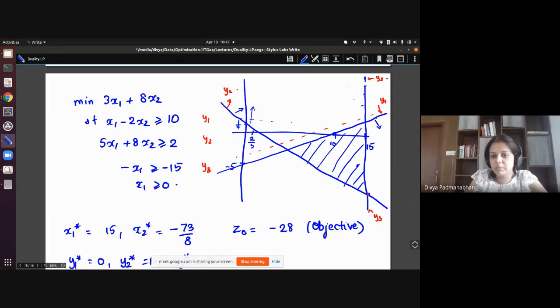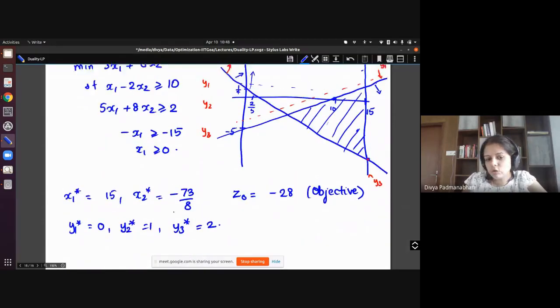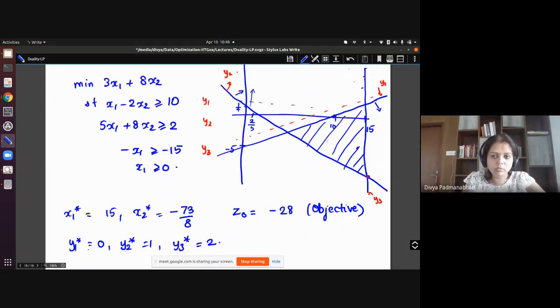So to minimize it, you have to go in this downward direction. So even if you change this constraint, the optimum is still going to remain as this point. So y1 star here is 0, which reflects that it doesn't matter. Okay, so just keep that in mind.